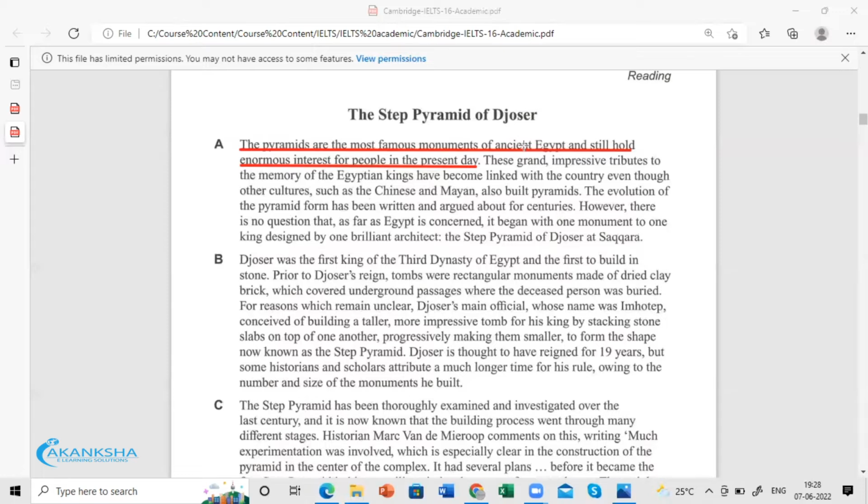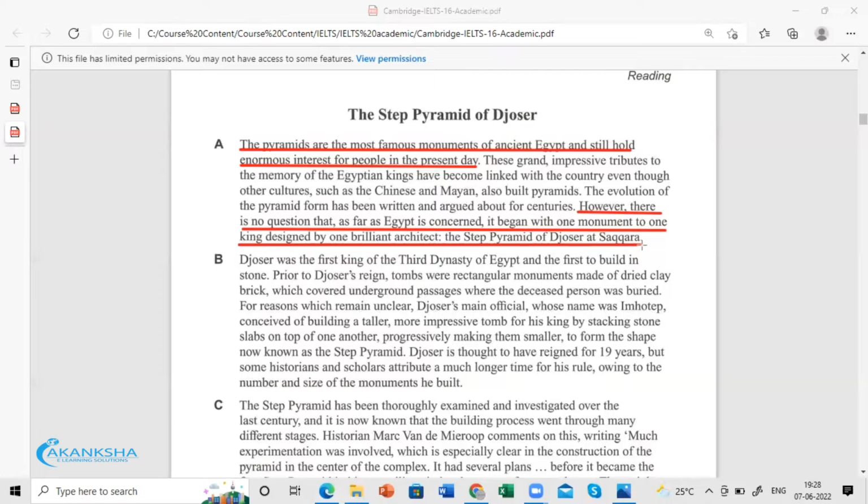The best way is to read the first and last sentences of the paragraph. This will give you a complete idea about the whole paragraph, no matter how big or small it is.